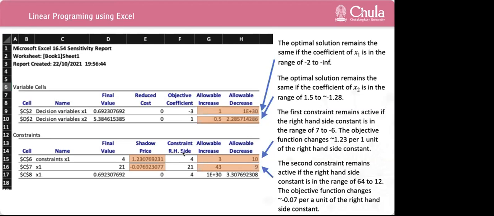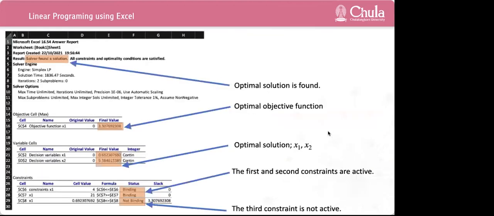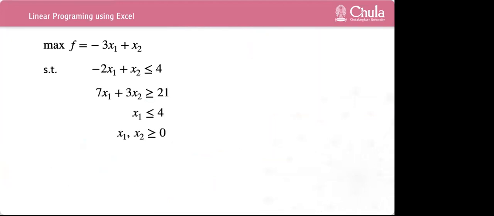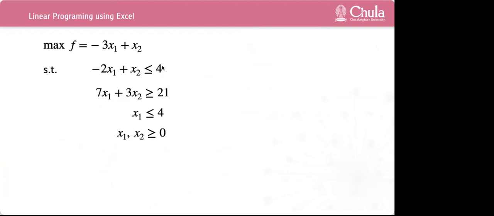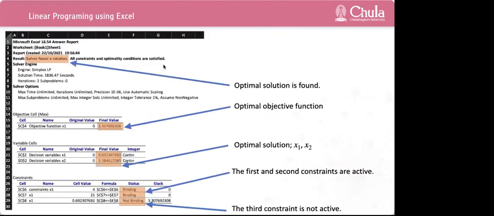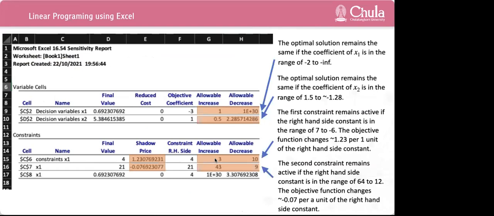And for the constraints, the first constraint remains active if the right hand side is in the range of 7 to -6. You see that in our original problem the right hand side is 4, right? But it can be increased by 3 and decreased by 10.